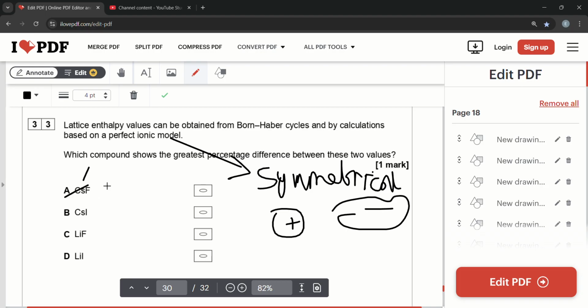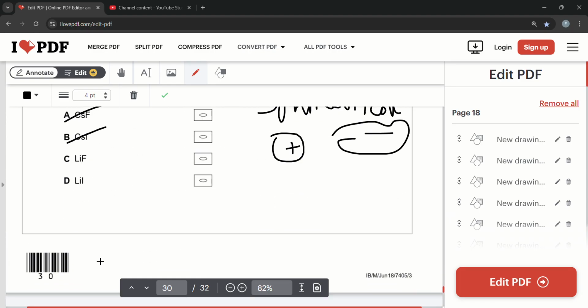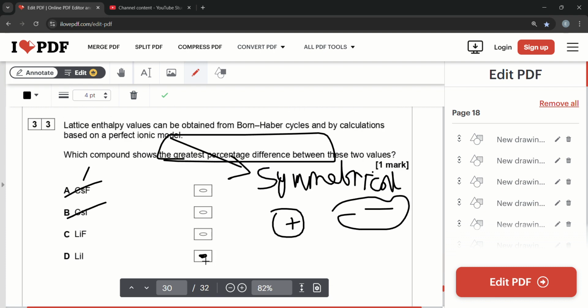Well, these two are very similar, so it's not going to show the greatest percentage difference. So we're left with C and D. Well, if we just look at the charges, the answer should be D.